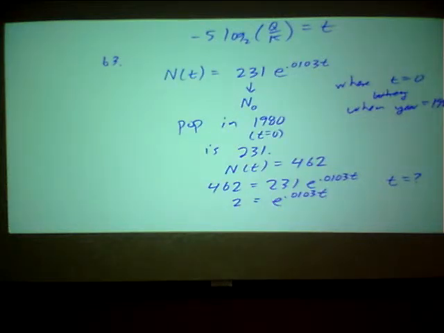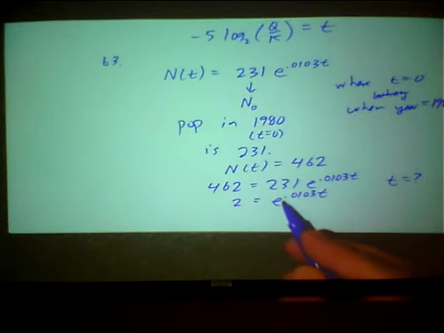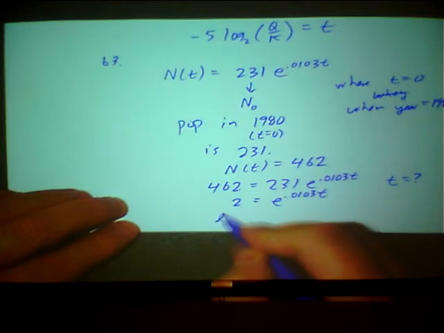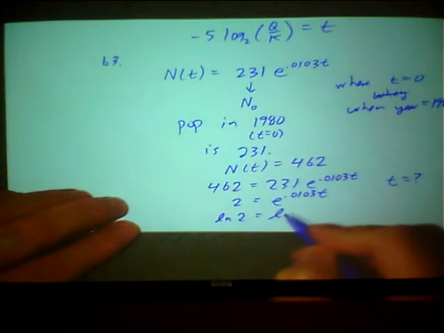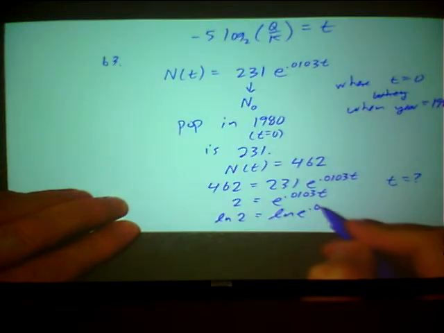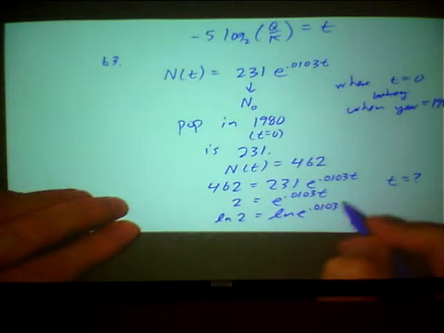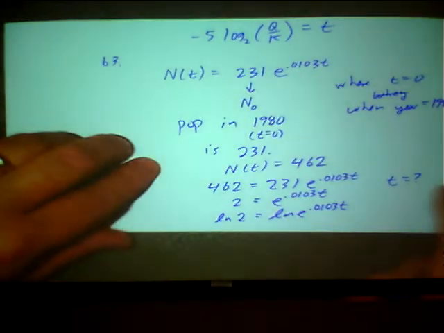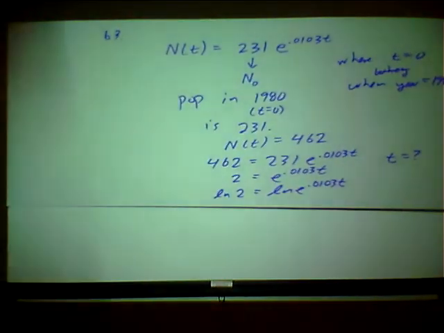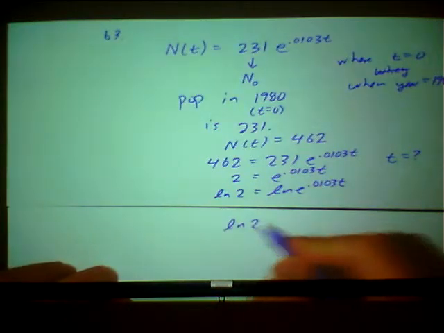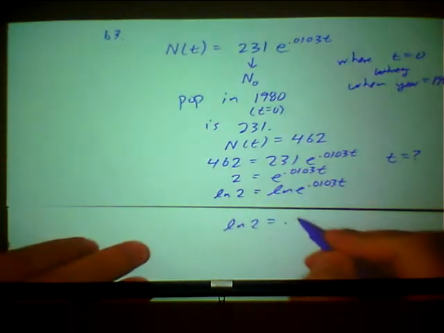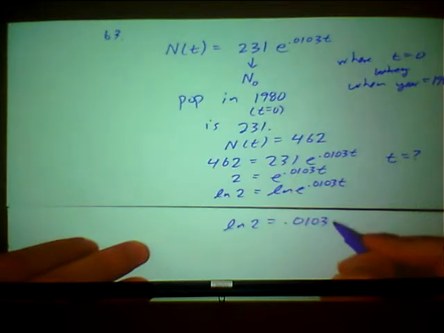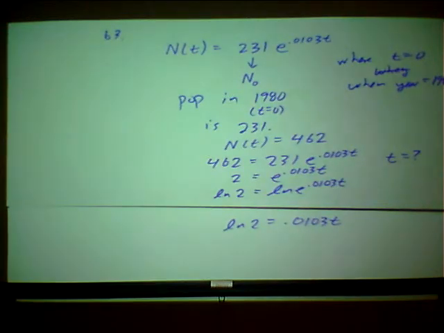I'm going to take the log of both sides. And in this case, since I have my base and my exponent's e, I'm actually going to take the natural log of both sides, because when I take the natural log of e to an exponent, when it's all said and done, I just have natural log 2, and this thing is just going to be 0.0103t.